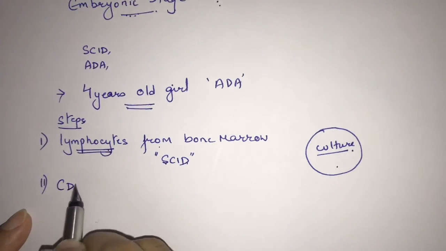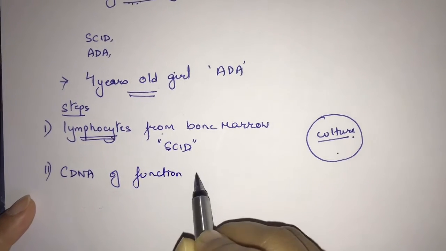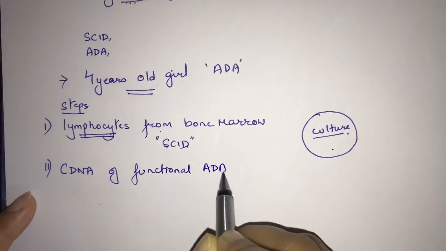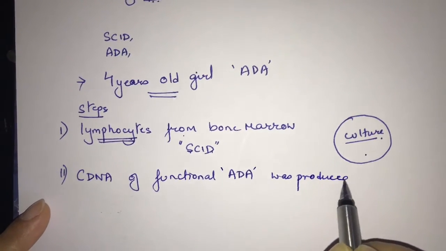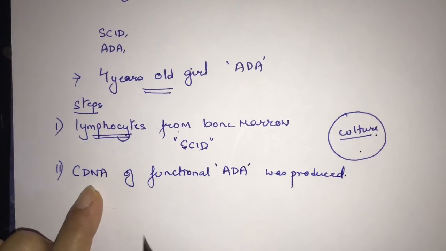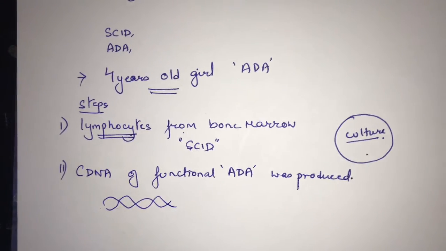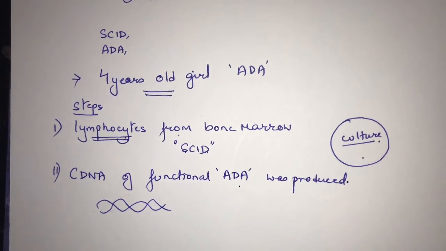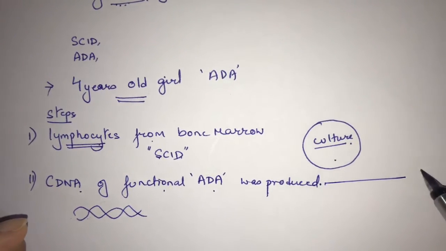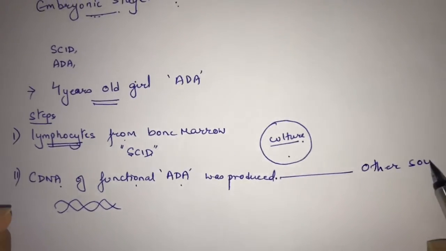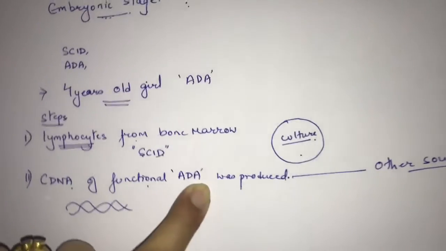That means if the patient is suffering from a genetic disorder, then this DNA must be extracted from some other source, another organism, which has the functional ADA, which is not defective.